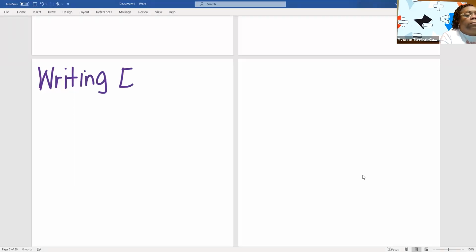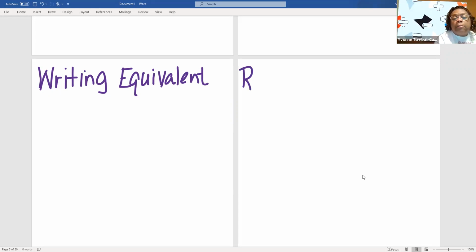I did one of these examples when I first started because I want to show you why what I was saying about exponents makes sense. Writing equivalent rational expressions.